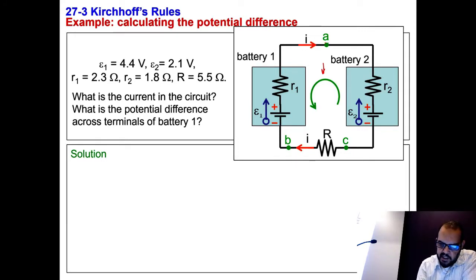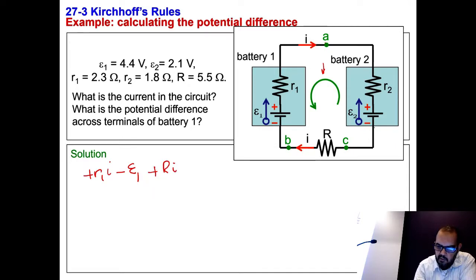If I start at point A, I'm going to go through resistance r1 opposite to the direction of the current, so plus r1 times I. Then I go through the EMF from the positive terminal, so it's minus epsilon 1. Then I go through the load resistance capital R in the opposite direction of the current, so plus RI.